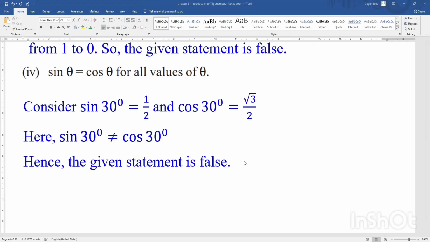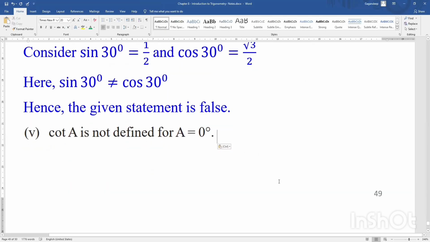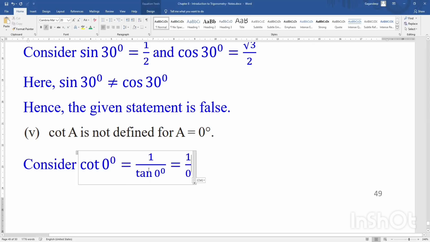Then we have one more question: cot A is not defined for A equals 0 degree. Now here we take cot 0, which is nothing but 1 by tan 0. 1 by tan 0 is 1 by 0. So 1 by 0 is nothing but infinity, or it is not defined.